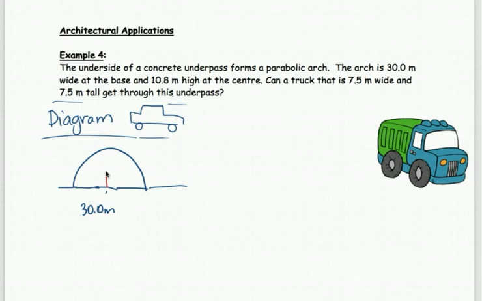So from here to here, if that's straight, 10.8 meters. That's the height. And then we have a truck here. Say this was the truck that was driving through here, that it's 7.5 by 7.5. So let's just say it's a square shape here.